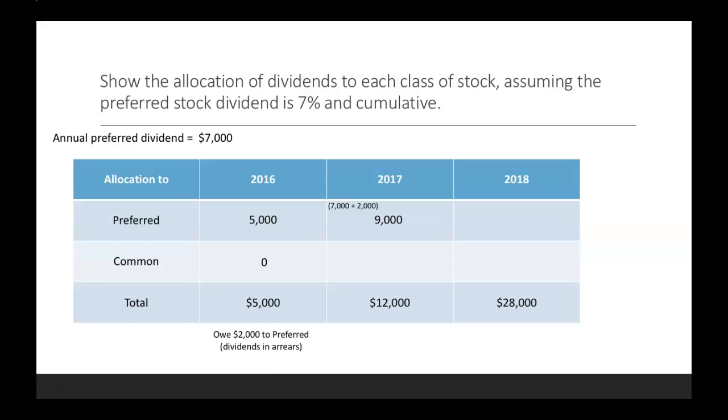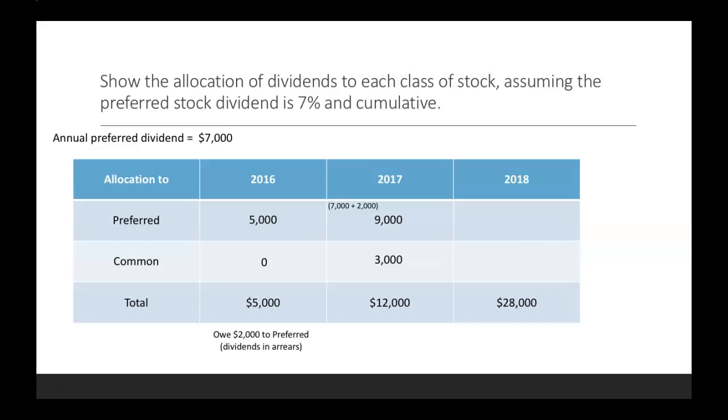So we are handing out a total of $12,000. $9,000 is going to preferred. That leaves $3,000 left for common. Now we move on to 2018. In 2018, we've had a much better year, and we're handing out $28,000 in cash dividends.